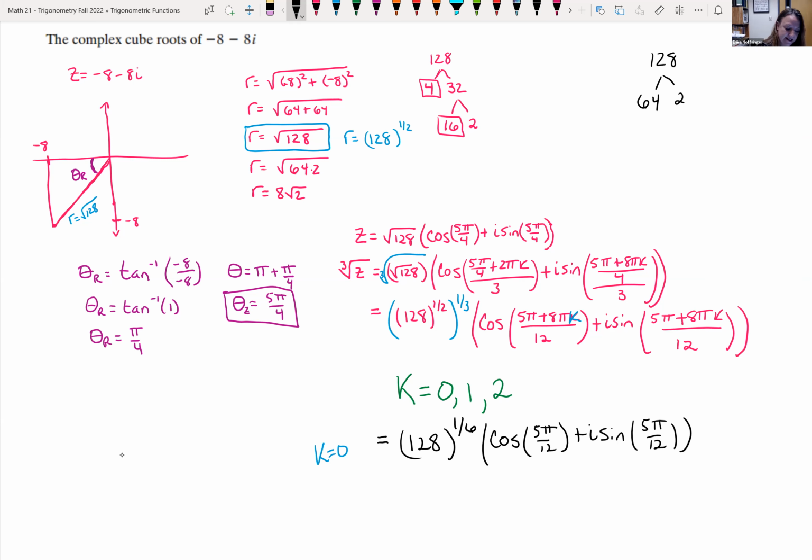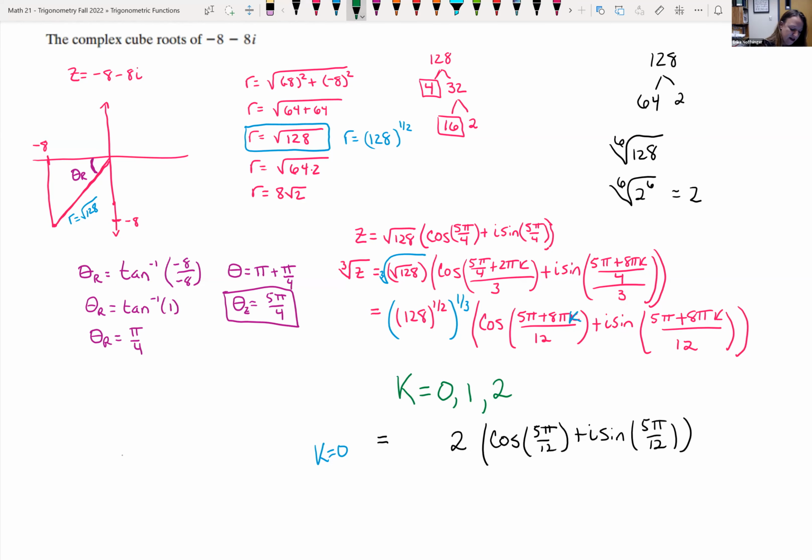Noticing that the 6th root of 128 is the same thing as the 6th root of 2 to the 6th power, which would equal 2. So this 6th root of 128, I'm going to rewrite in simplified form as 2.